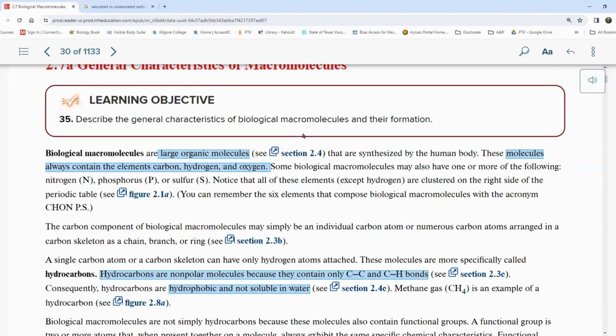But do understand, when we are in chemistry, organic just means carbon, hydrogen, oxygen, and nitrogen, which everything that's living or that we're able to consume is made out of.